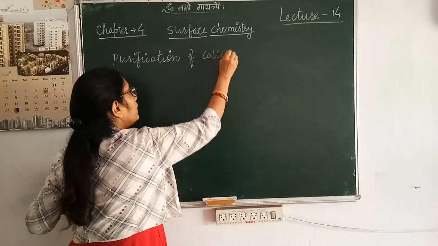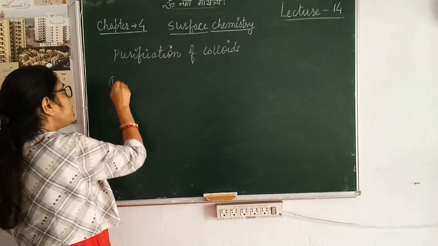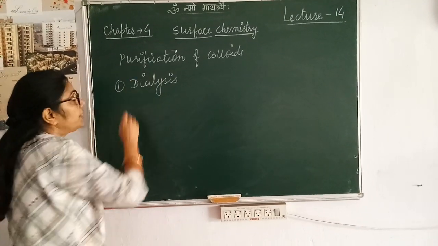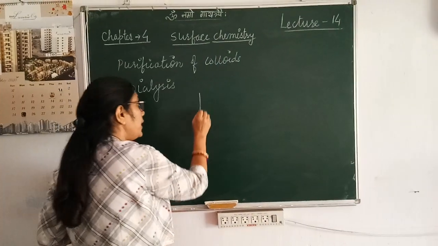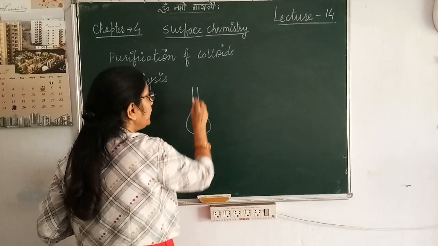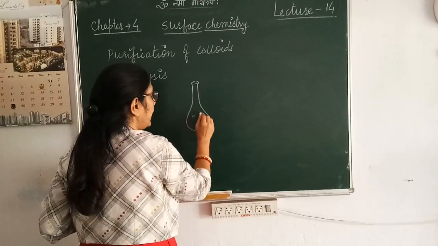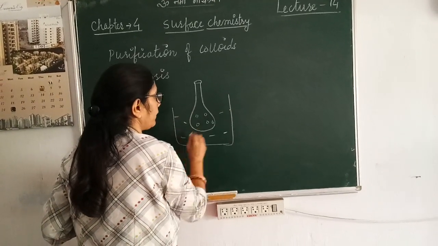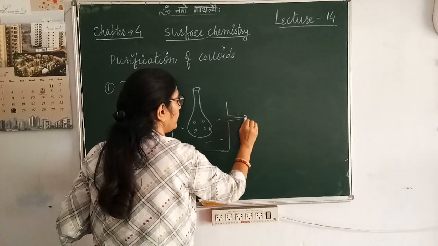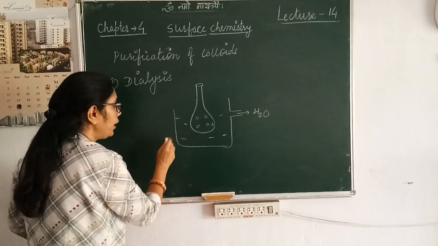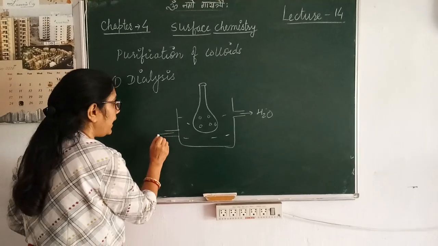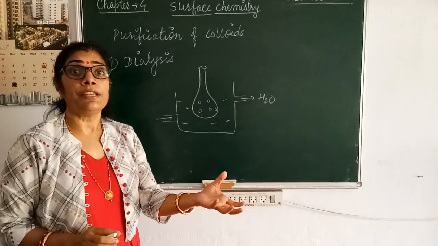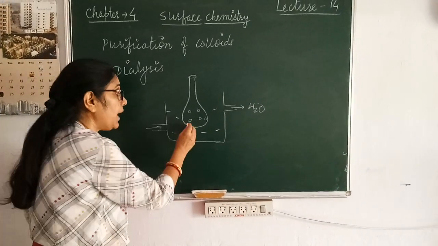Okay, so the first method is dialysis. All of you must have heard of kidney dialysis and so on. Likewise here also, the colloid is taken in a cellophane bag. And as you all know, colloids can easily pass through filter paper, but they cannot pass through parchment paper.